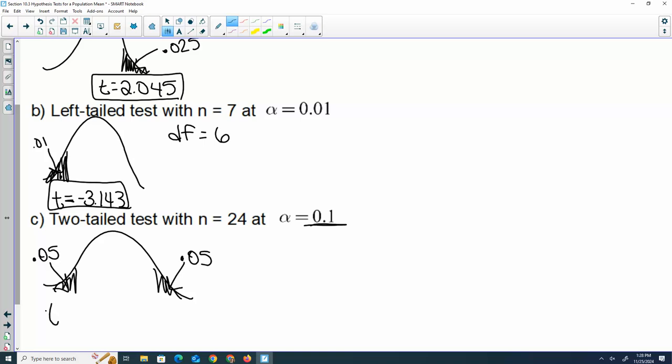I know my t values, one will be a negative and one will be a positive, so my t will be a plus and a minus here. How many degrees of freedom? 23. So I'm looking up 0.05, 23 degrees of freedom, and I get plus and minus 1.714.